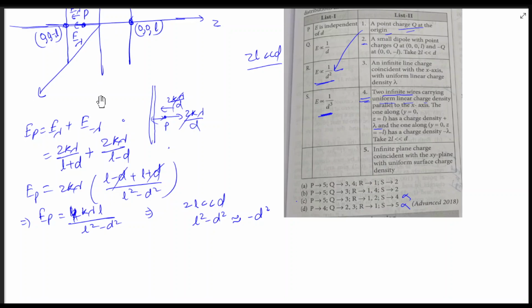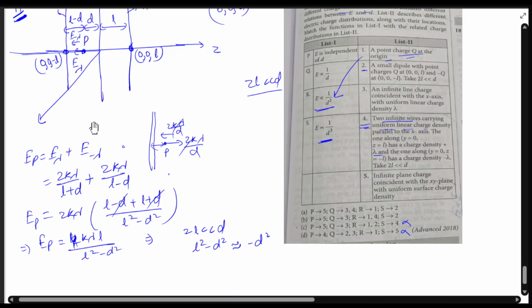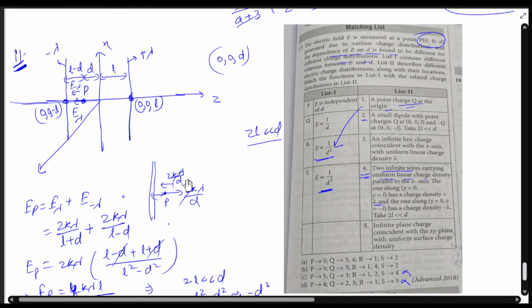But we cannot take L square minus D square as D square because D is much greater than L. So we cannot take it like this, right?